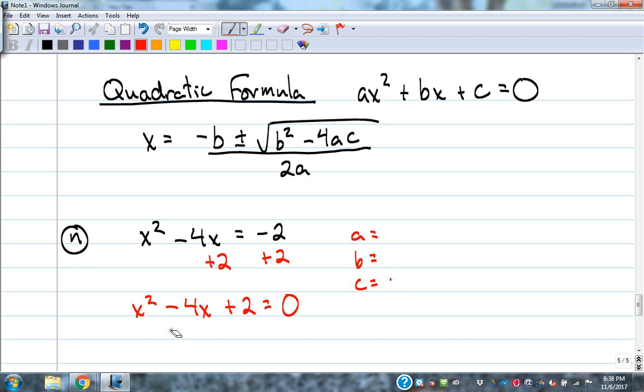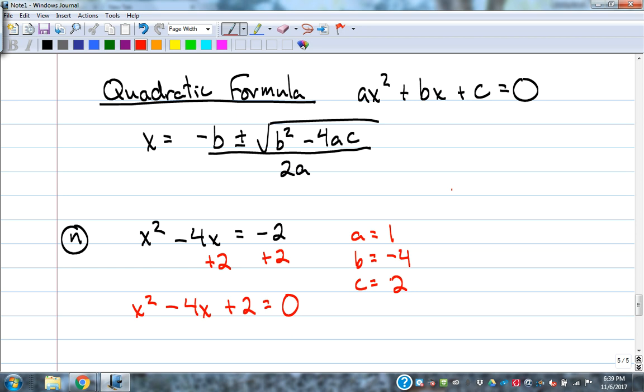What's A for this particular problem here? What's in front of x squared? 1. B is what's in front of x. It's a negative 4. C, this number here, positive 2. Okay, I have that list.